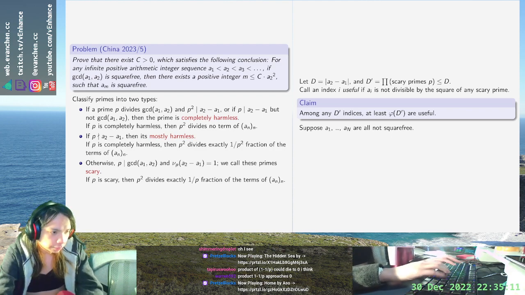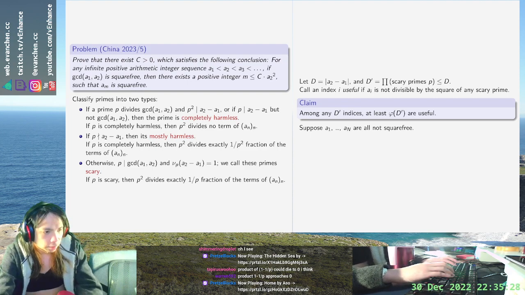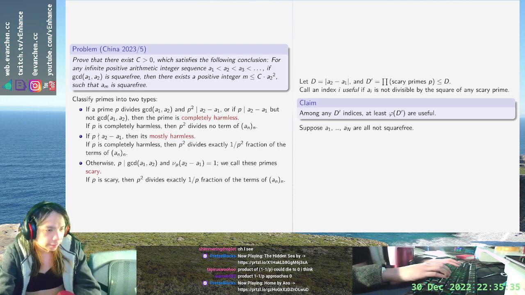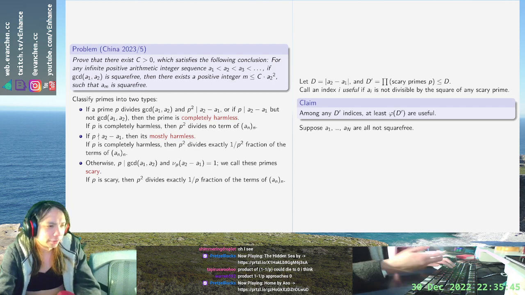If p is a mostly harmless prime, then by the Chinese remainder theorem, among any p squared times... Okay, d prime is such a stupid letter. Can I just call it d at this point? Because I don't think we're going to use the actual d.